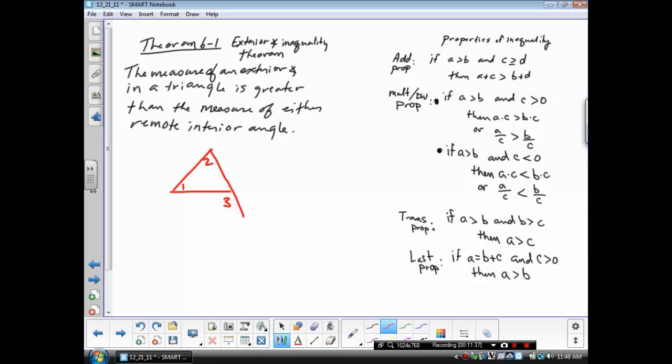So it's equal to the measure of 1 plus 2. Here, our given can be just the diagram, really. We have an exterior angle, and what we want to prove is that angle 3 is greater than angle 2 and angle 3 is greater than angle 1.